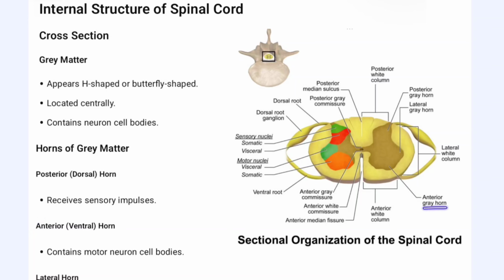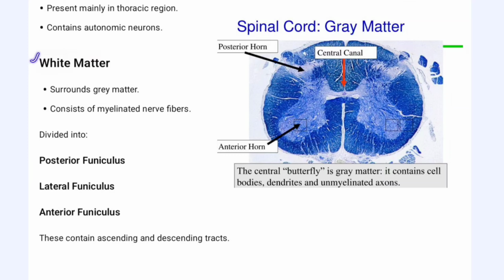Then lateral horn, present mainly in thoracic region. It contains autonomic neurons. Then comes the white matter. It surrounds the gray matter, consists of myelinated nerve fibers, divided into posterior funiculus, lateral funiculus, and anterior funiculus.